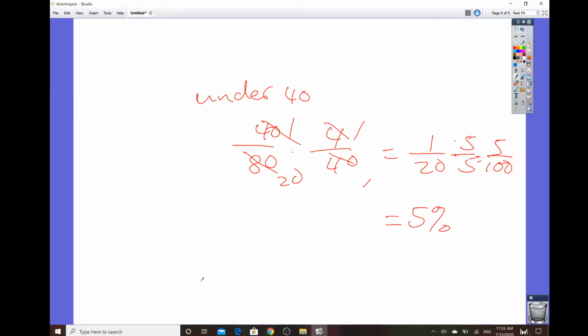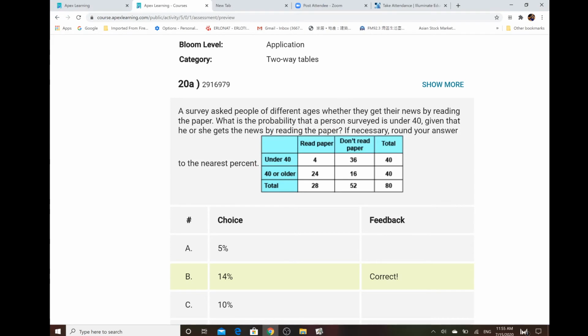Okay, so let me just put it right here. This one is considered conditional probability. The second event is saying that something is given here: given that he or she gets the news by reading the paper. Anytime you see a given condition like this, whatever the people reading the paper, it's not just 4 over 40.